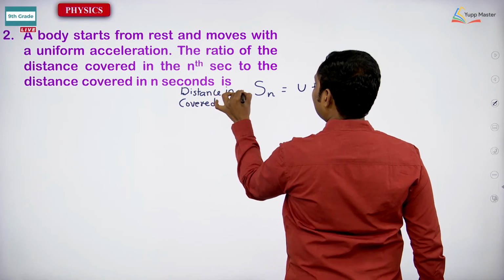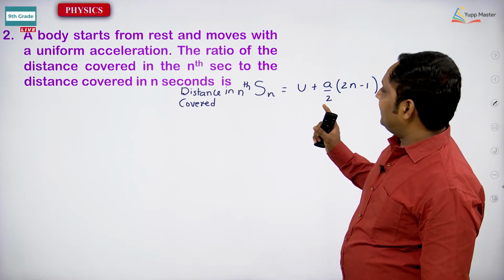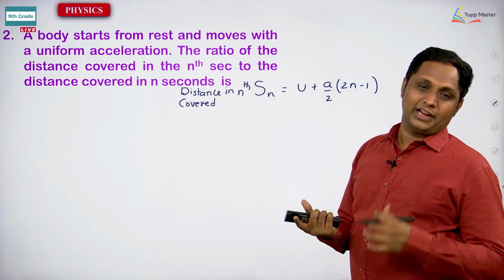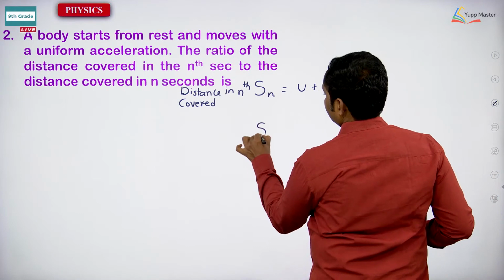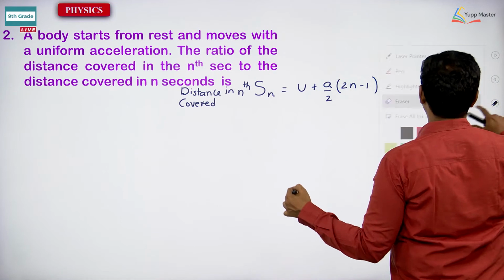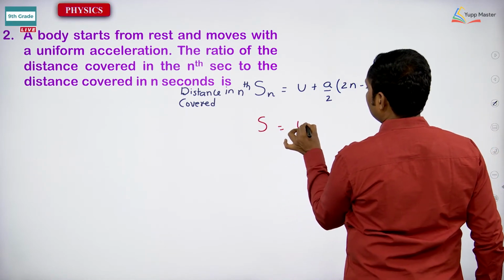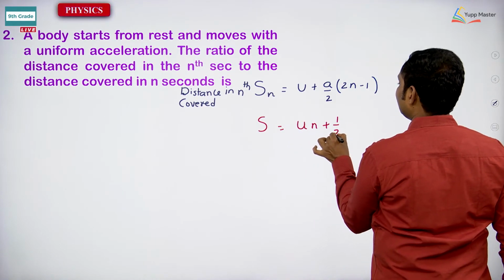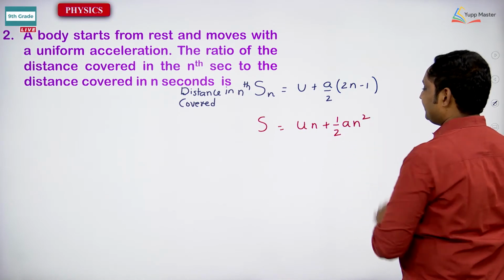In nth second, Sn. Now, you are going to get the distance covered in total time, the distance covered in n seconds, that is S is equal to u into n plus 1/2 into a n square.